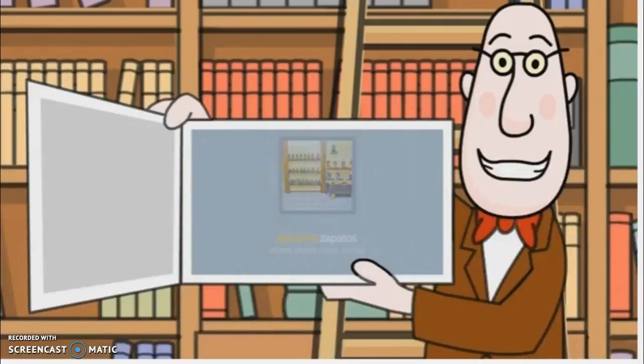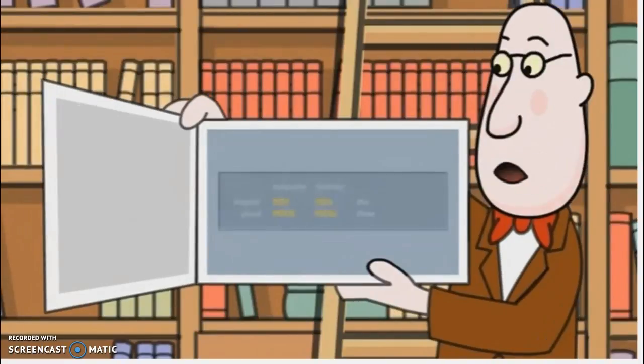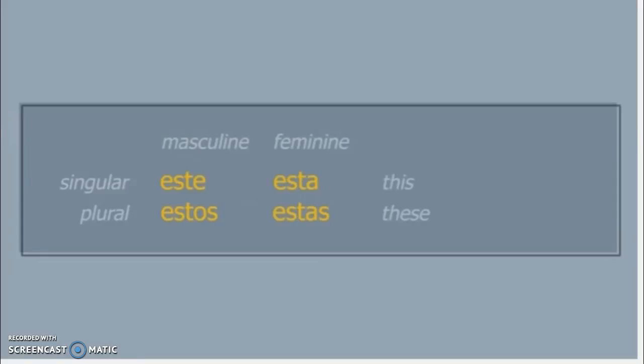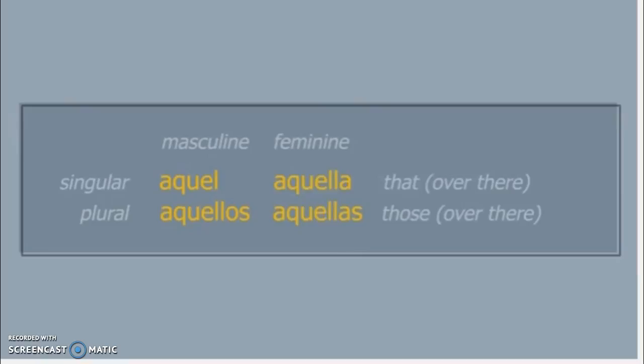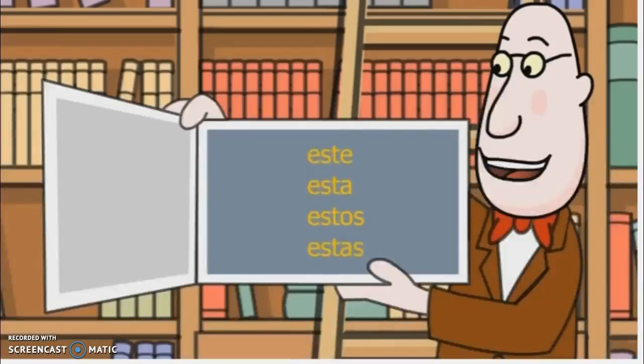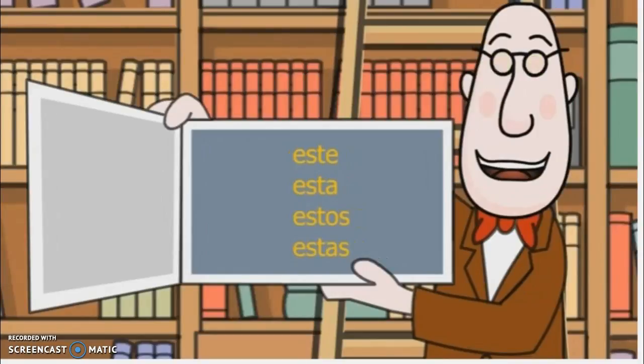Let's take a look at the three sets of demonstrative adjectives first, and then we'll talk about when to use each one. Este, esta, estos, estas. Ese, esa, esos, esas. Aquel, aquella, aquellos, aquellas. Este, esta, estos, and estas are used to point out things that are close to both the speaker and the listener.